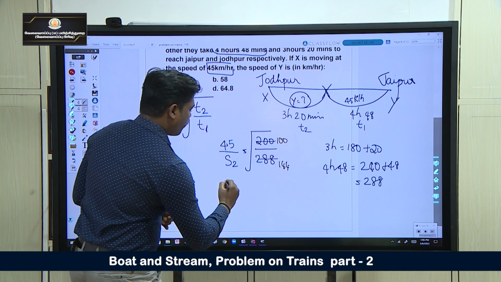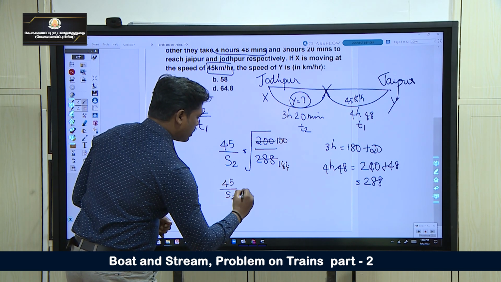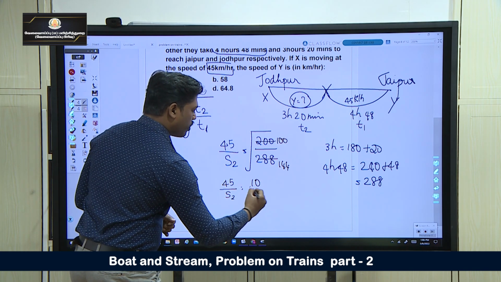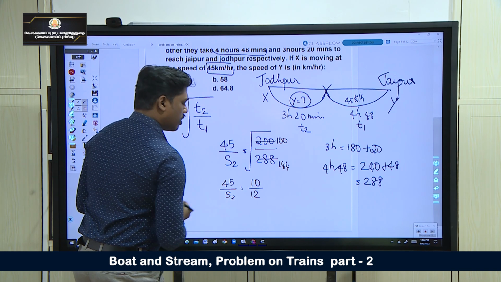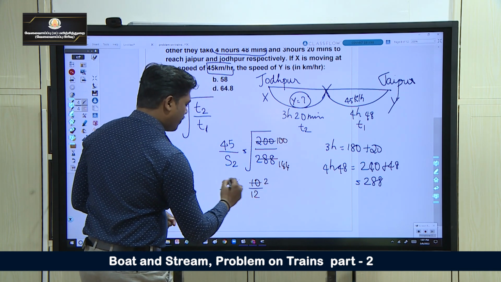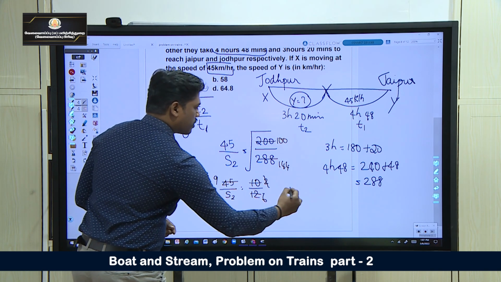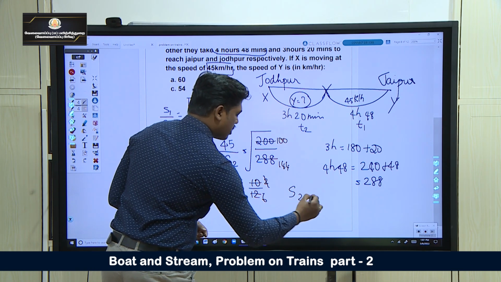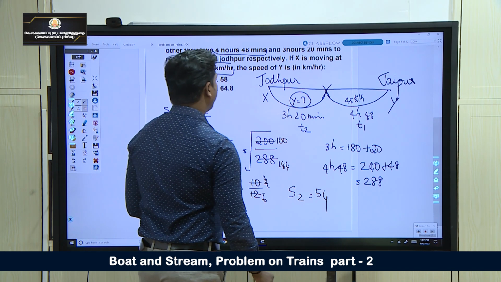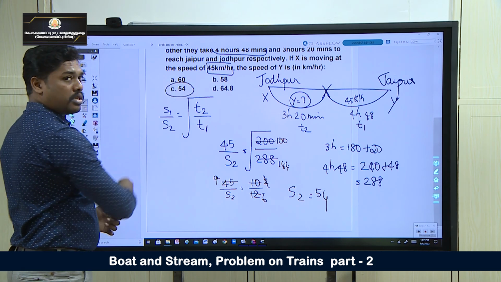So here 45 by S2 is equal to square root of 100 by square root of 144, you are getting 10 by 12. So 45 by S2 is 10 by 12, and S2 is 9 into 6, you will be getting 54 km per hour.